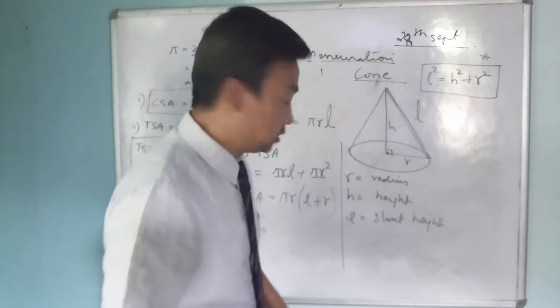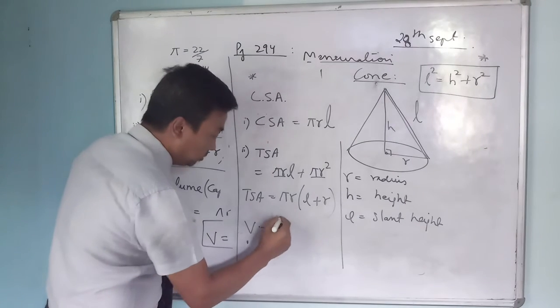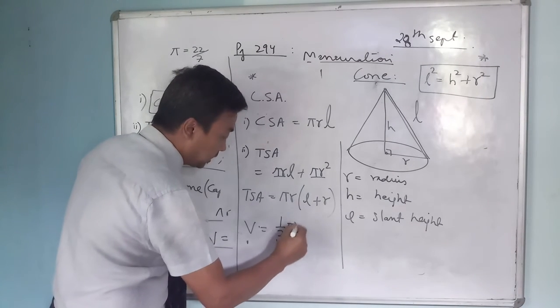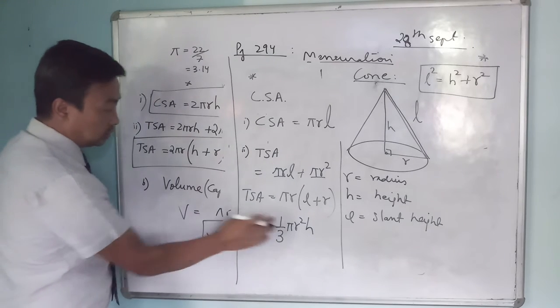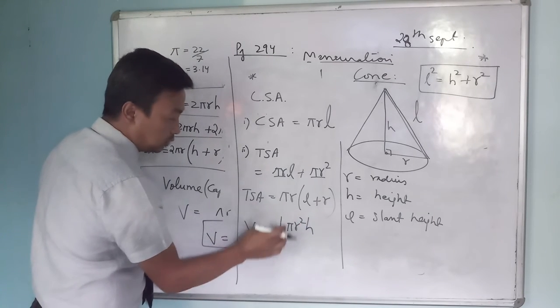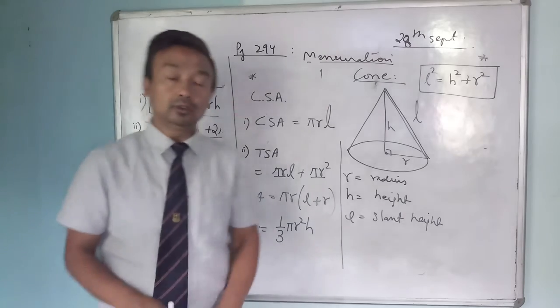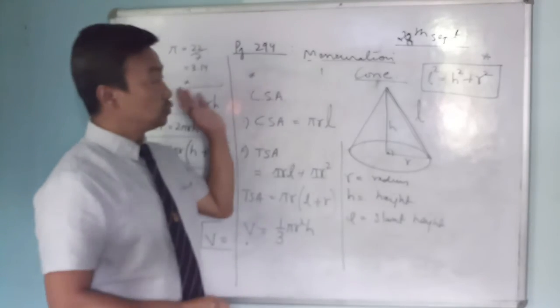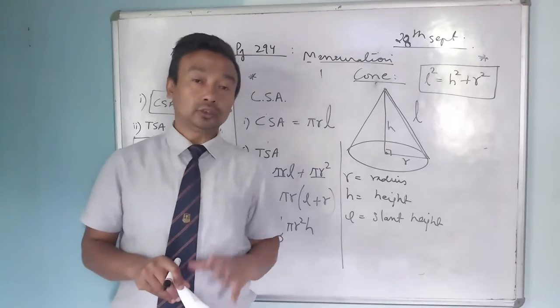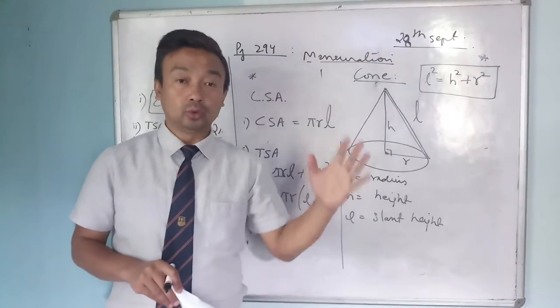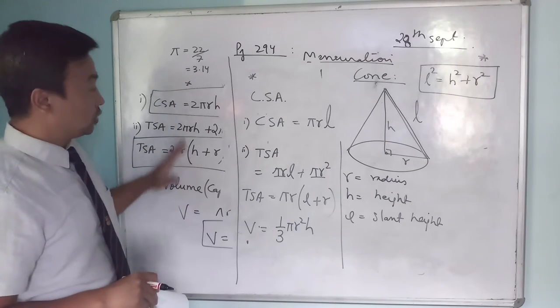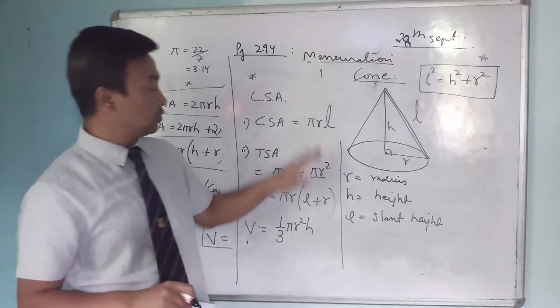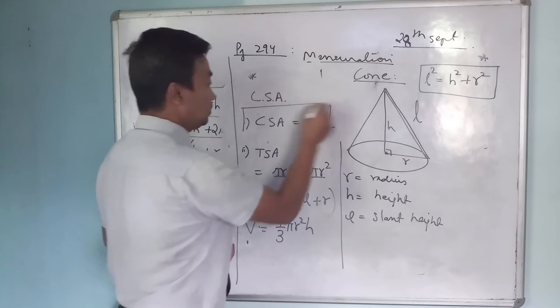So therefore the volume of the cone will be 1/3 of pi R square H. See, volume of the cylinder is also pi R square H. Just add 1/3, that will be the volume of the cone. So we have got these two solids, cylinder and the cone. We have derived the three formulas for the cylinder and three formulas for the cone.